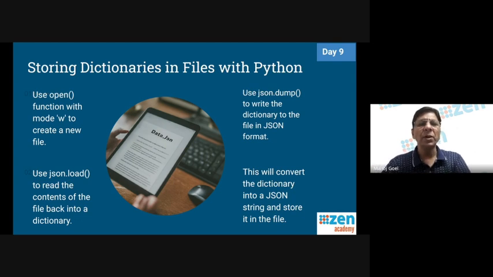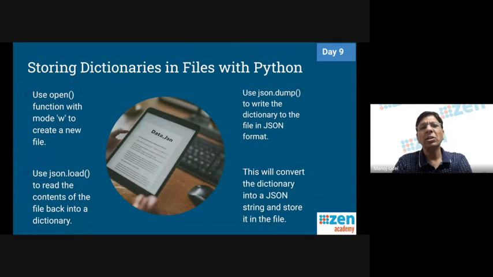You will just dump that data into a file, and usually we do it using the JSON dump method. So we open the file in the W mode, just like any other file we just saw in the previous slides too. Then we will do the JSON.dump method. JSON.dump method is used to write a dictionary to the file in the JSON format.